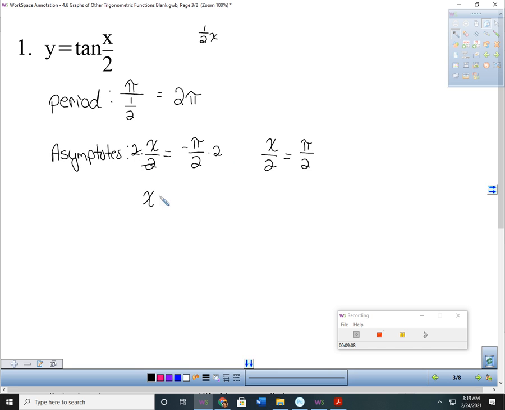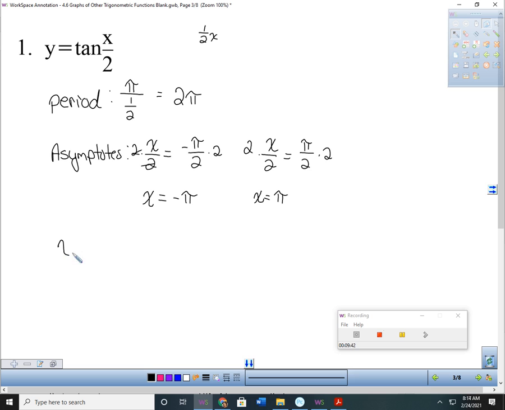So my left asymptote is going to be negative pi. Same thing over here. I will multiply by the 2. So my right asymptote is pi. Now remember, your period should be the distance from one of these to the other. If I go from negative pi all the way to positive pi, that's a distance of 2 pi, right? It takes a pi to get back to the center and then a pi to get over here, so that's 2 pi. So we know we're good there.